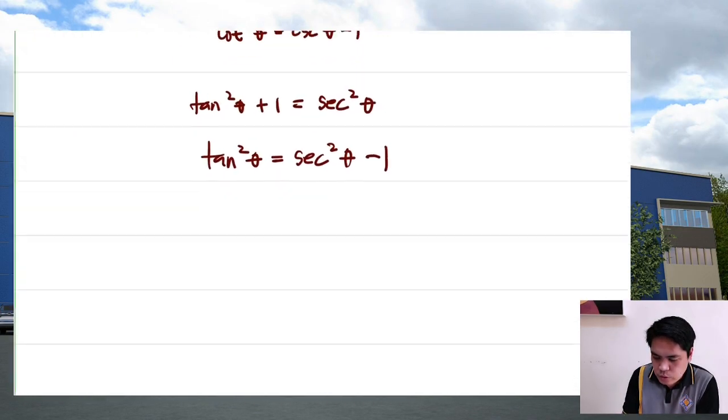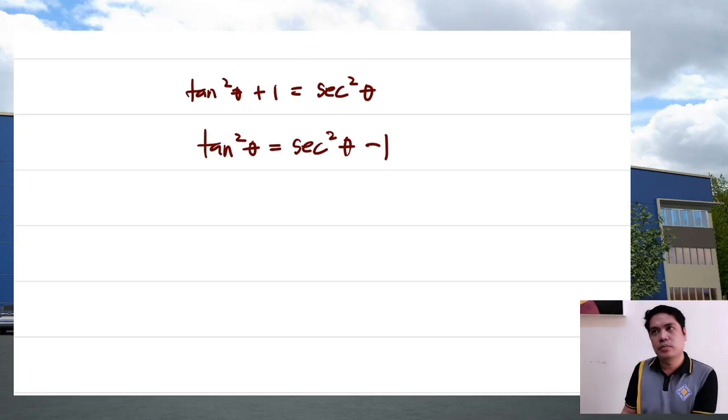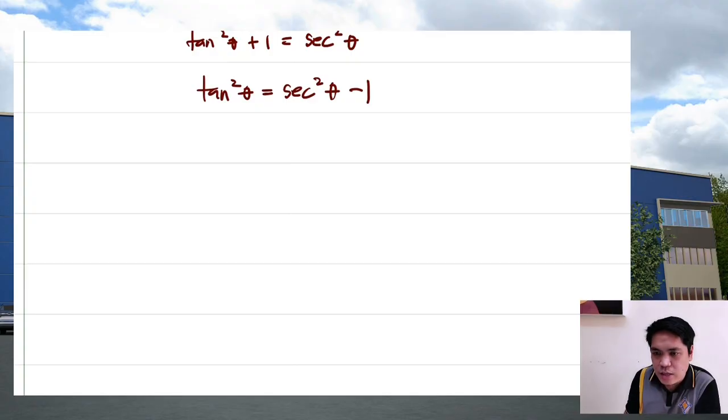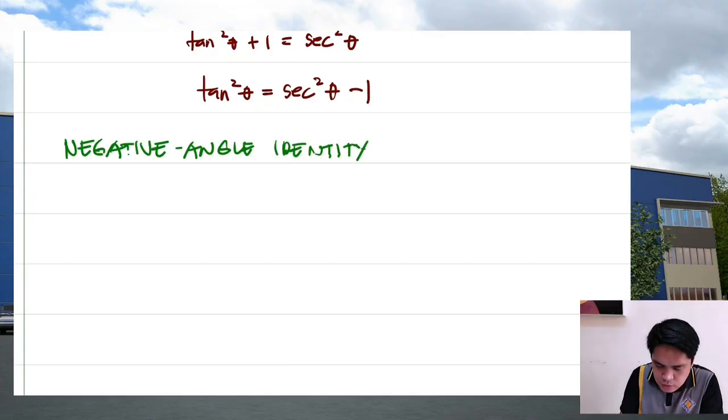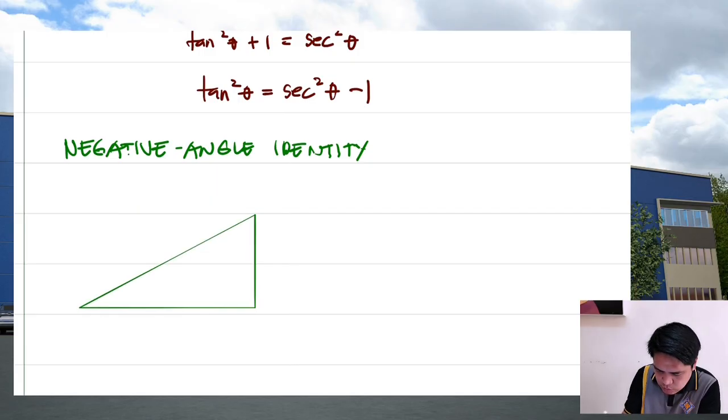We could also derive identities from even and odd functions, but para mas madaling maintindihan, let's just call this the negative angle identities. Referring again to the unit circle, pero yung i-drawing natin is a circle. So, ang gagawin natin, similar to kanina, we'll draw a triangle with angle theta.